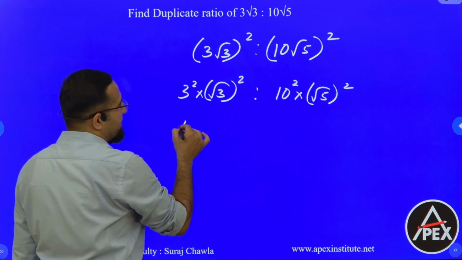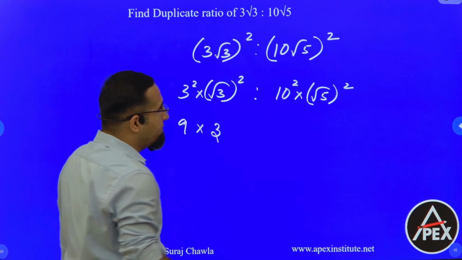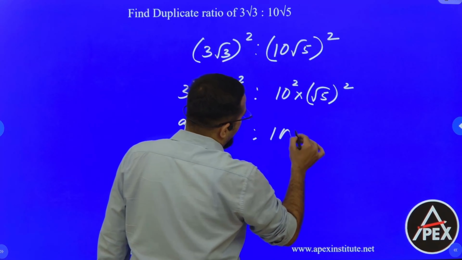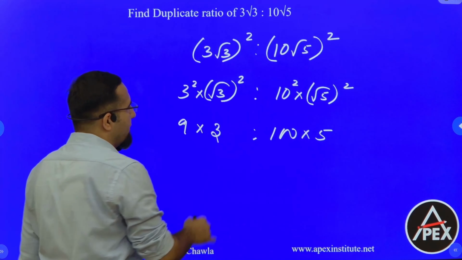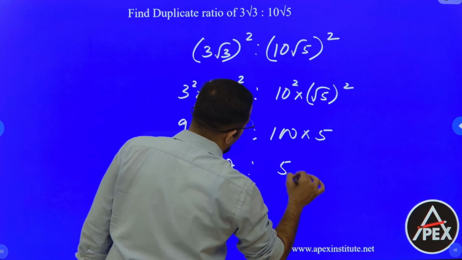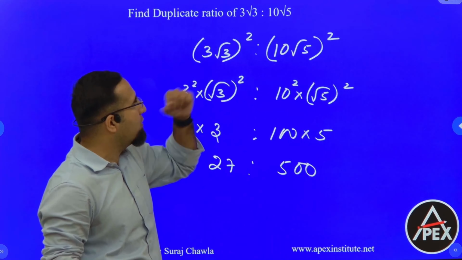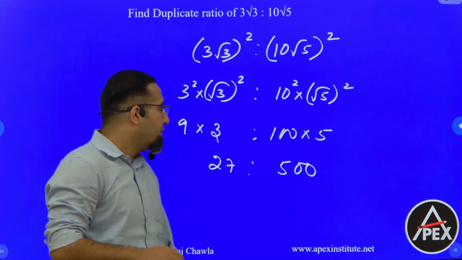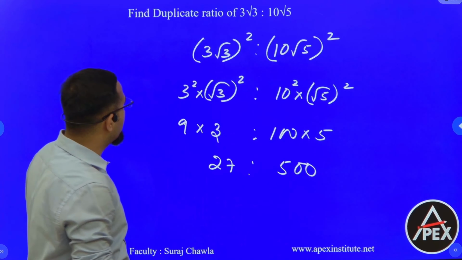So 3 square is 9, root 3 whole square will give me 3. Clear? Similarly, 10 square is 100, root 5 whole square will give me 5. So 9 into 3 will give me 27 is to 100 into 5 will give me 500, and therefore the duplicate ratio of 3 root 3 is to 10 root 5 will be nothing but 27 is to 500. Clear, guys? Let's move to the next one.